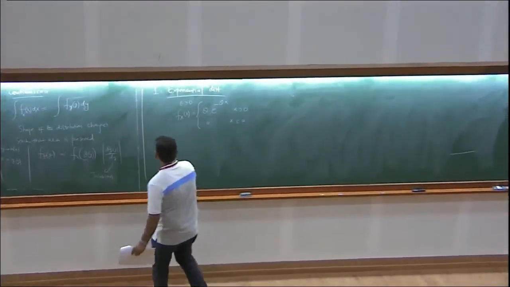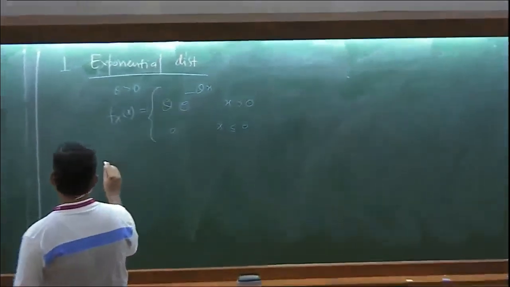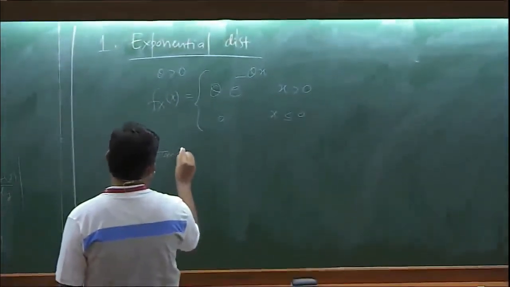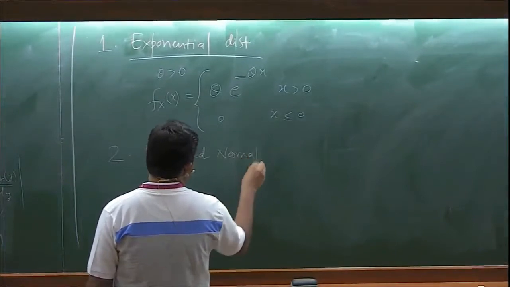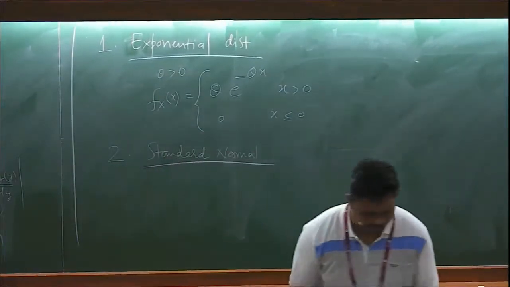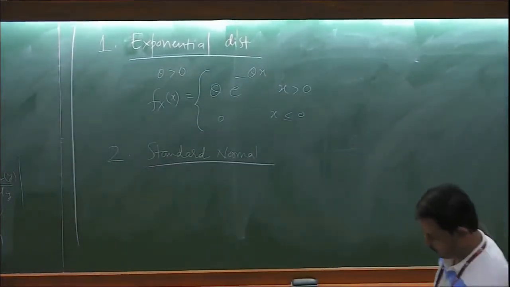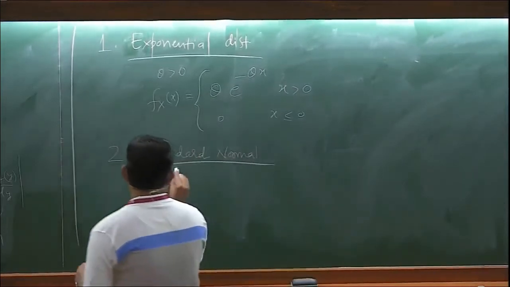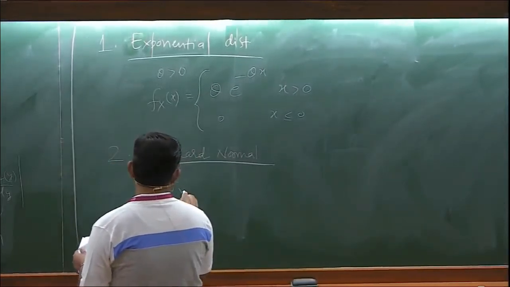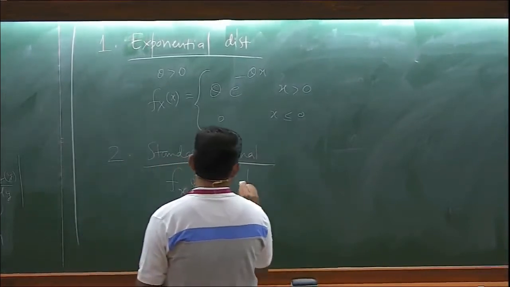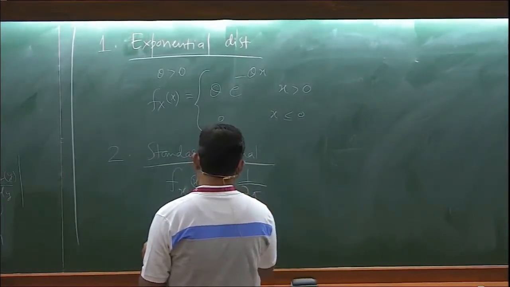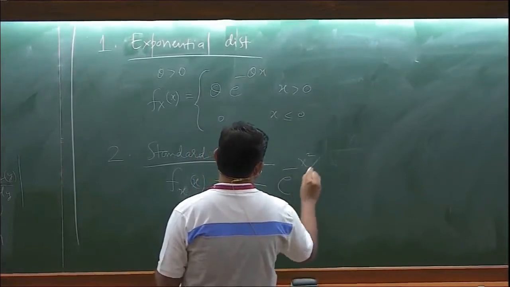The other super famous example that every physicist should know is the standard normal distribution. Probably the only one that we are taught, and forget everything else. So that is just the definition, e to the minus x squared.